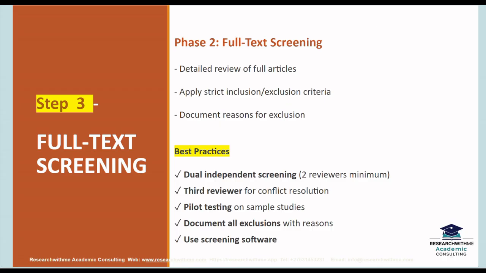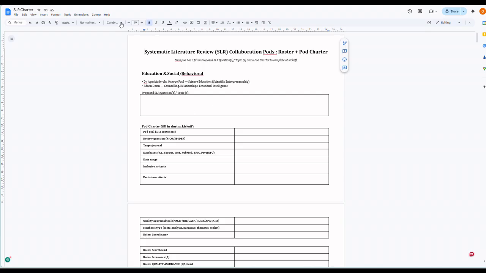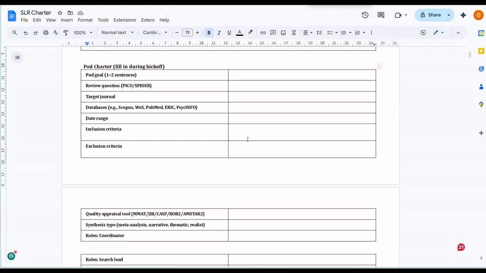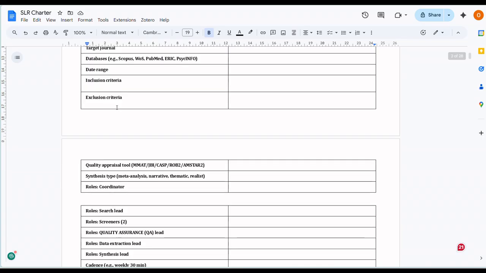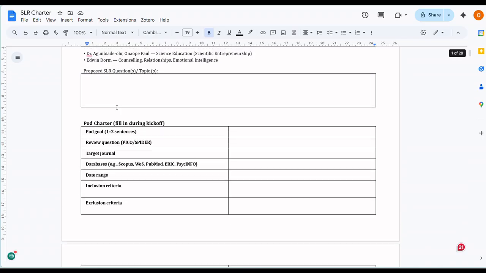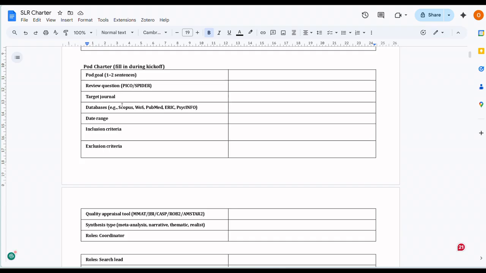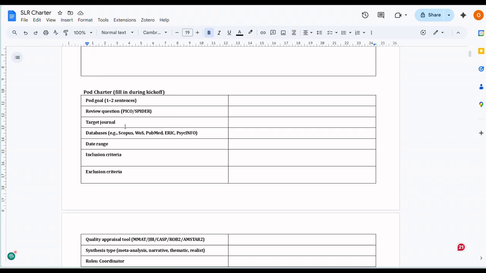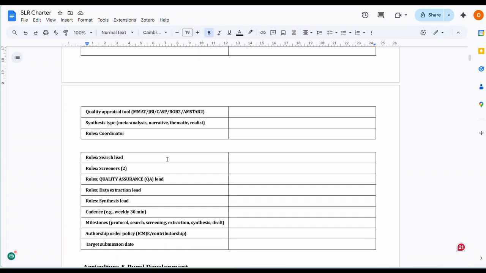As we have on this screen, who is going to do what? The charter on the screen details all that. Who is going to search? What is the date range, the inclusion and exclusion criteria, and the quality appraisal tool?